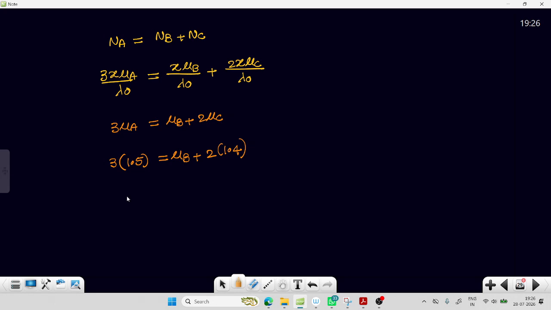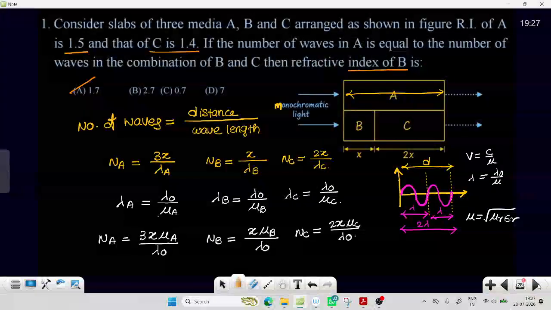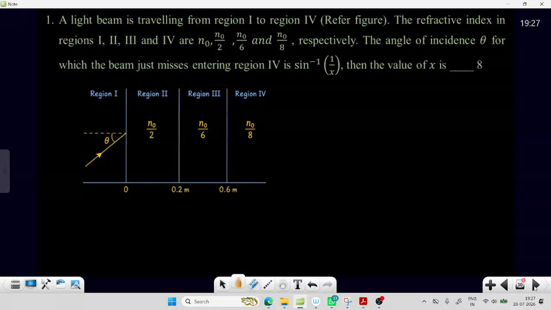So this value 4.5 minus this 2.8 will be equal to mu B. So how much is the mu B value? 1.7. Next, take the next one.